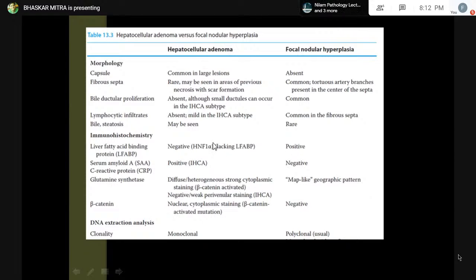The inflammatory markers seen in inflammatory hepatocellular adenomas are negative here. Glutamine synthetase shows diffuse staining in the beta-catenin type, and a map-like pattern in focal nodular hyperplasia. If we do DNA clonality, hepatocellular adenoma is monoclonal, as it is a tumor, while focal nodular hyperplasia is polyclonal.